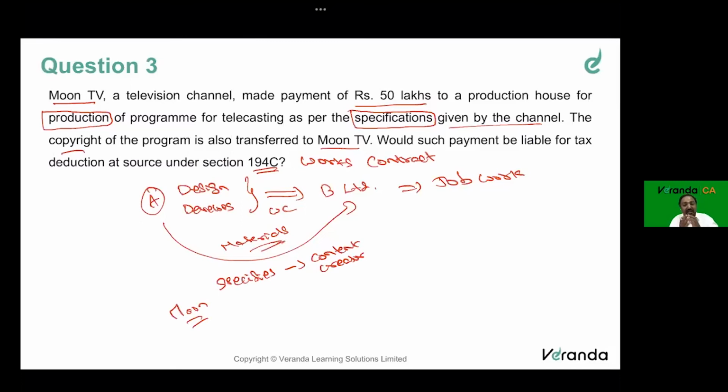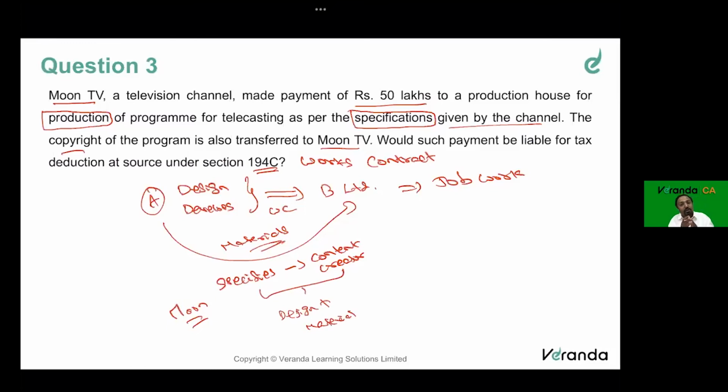When you say content creator, they have actually not created anything. They have just given you the idea of what exactly you need to create, probably how you need to create it. They are giving the complete specifications for this particular channel. This production work is in line with the design plus material we are talking about.